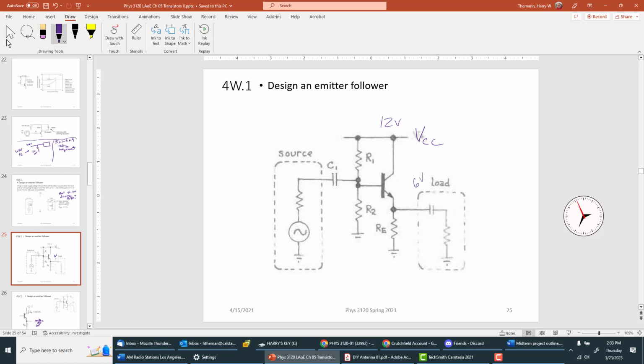If we want a 0.5 milliamp quiescent current, then we need the voltage drop across RE to equal 6 volts. So I equals V over R, and we know V and we know I, so 6 volts over 1 times 10 to the minus 3, and we come up with a value for that resistor. So that's fairly easy.